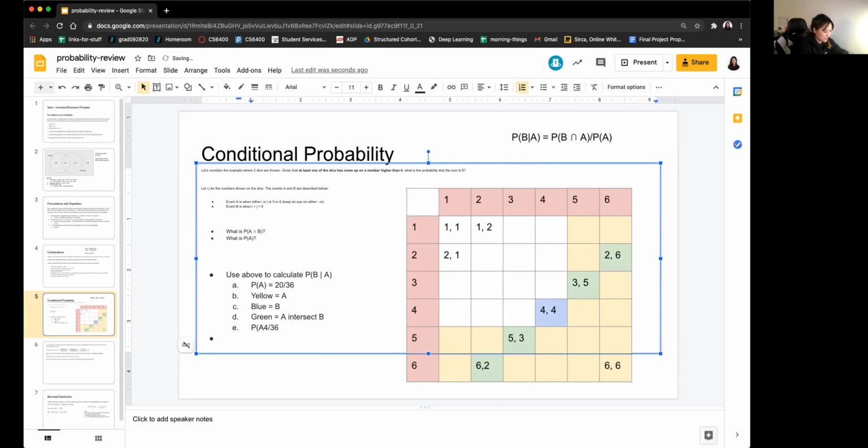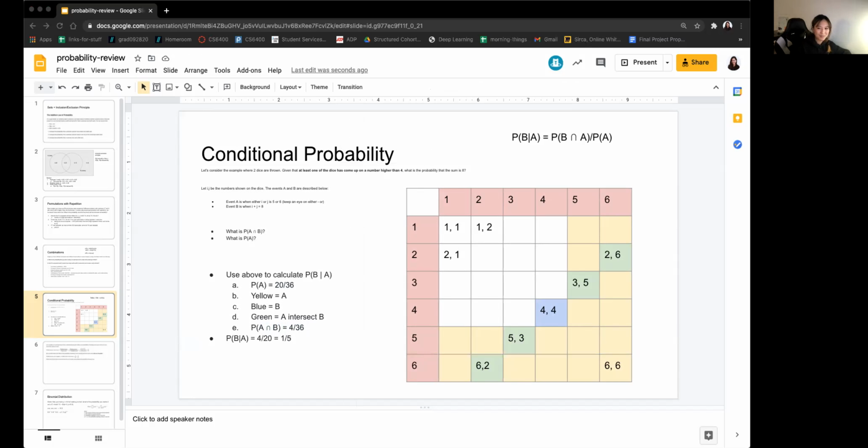Probability of A. Okay. Now that we have this, we can just put it together with our conditional probability formula. So probability of B given A is just going to be, and A intersect B is the same as B intersect A, so it's just going to be 4 divided by 20, which is 1 out of 5. So that's the answer.